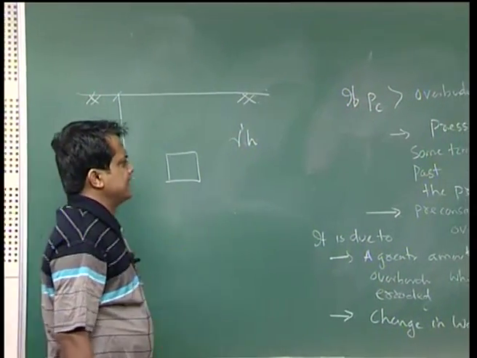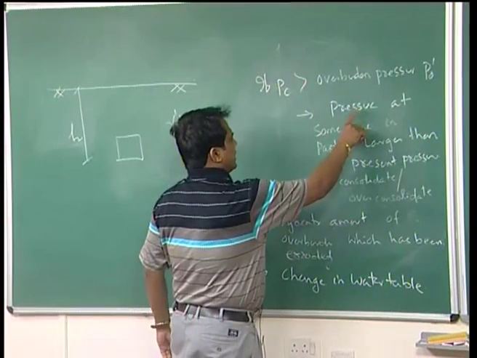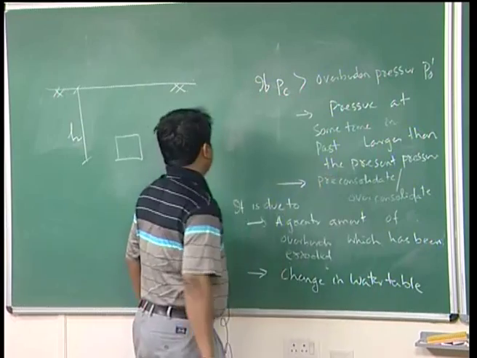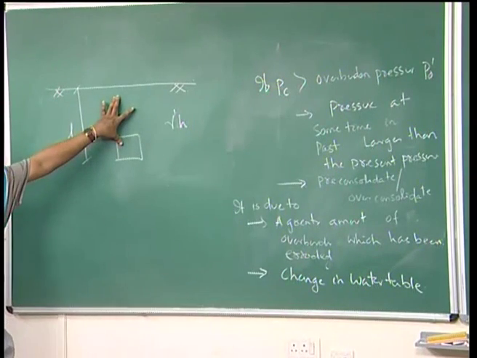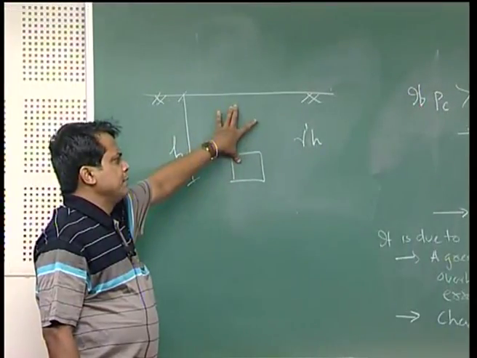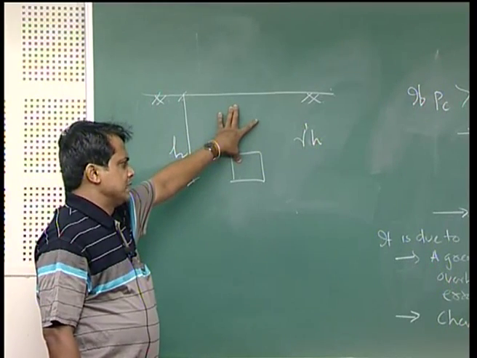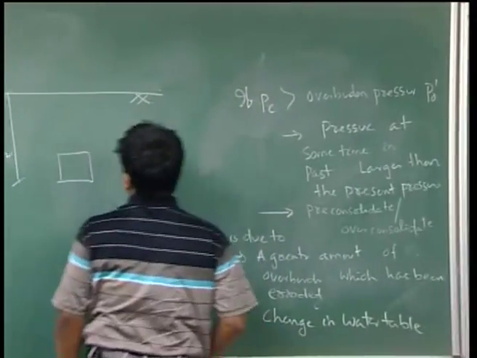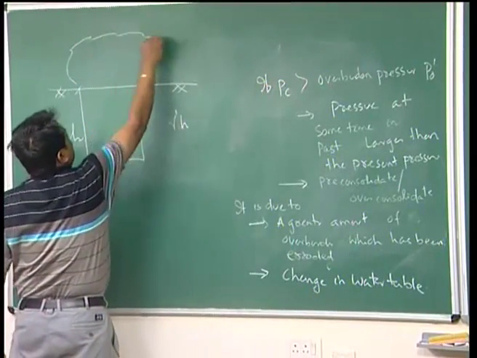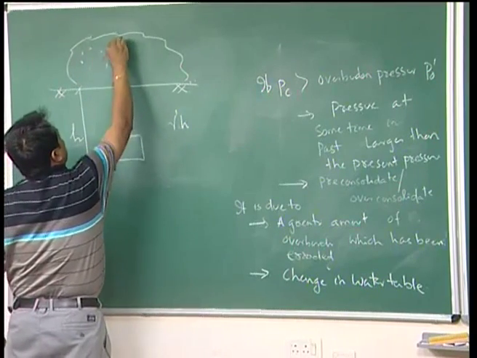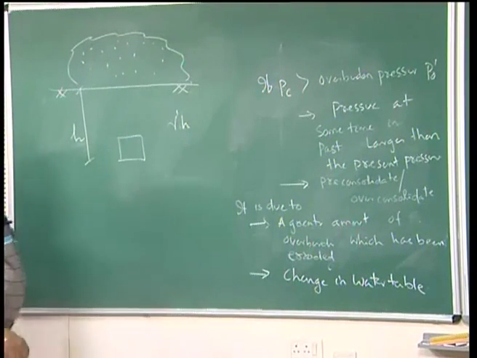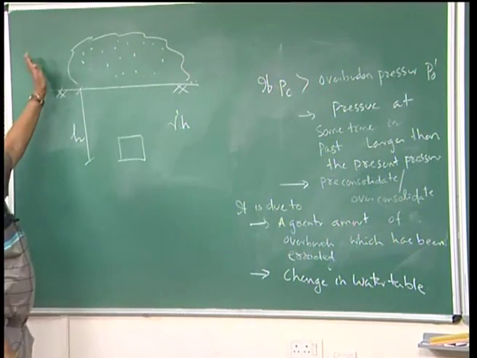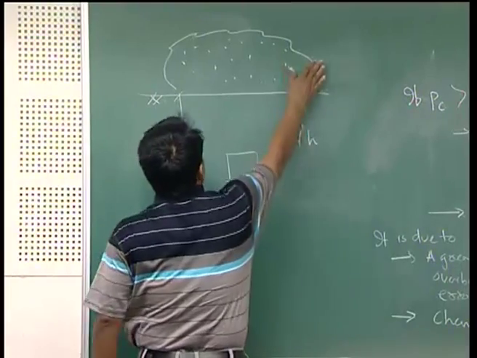That means in the recent past, pressure at some time is larger than the present pressure. Whatever pressure is present here till today, earlier the pressure on this ground was larger. It was due to the overburden which existed earlier. It may be possible that in the past there was some surcharge, maybe due to rain or maybe man-made, or due to certain things, and it has been eroded away. That means it has been removed or it has gone.